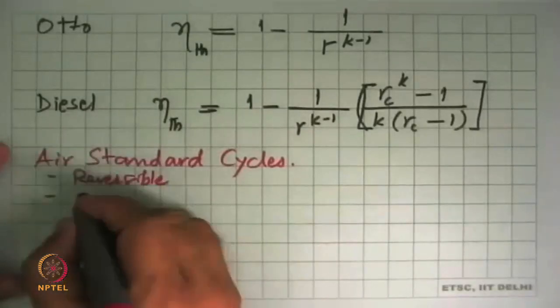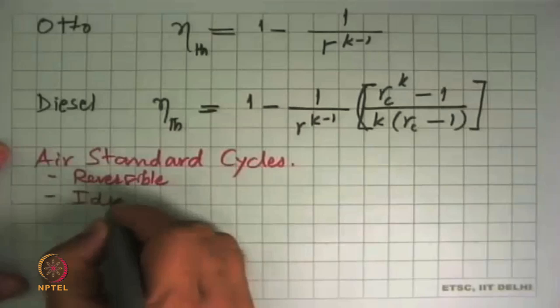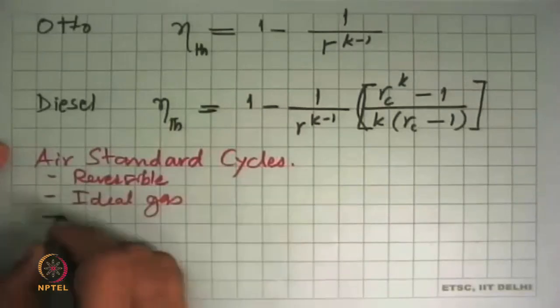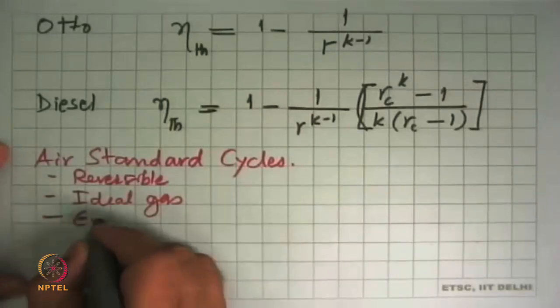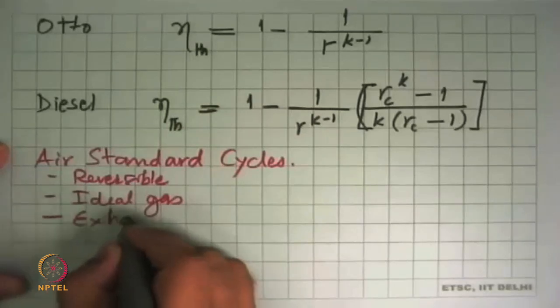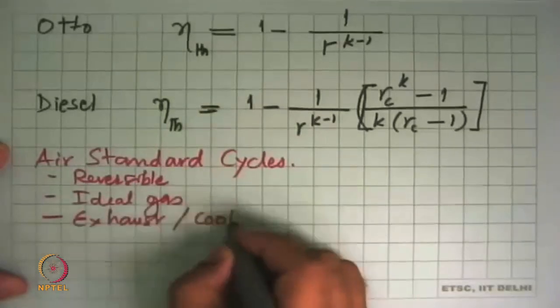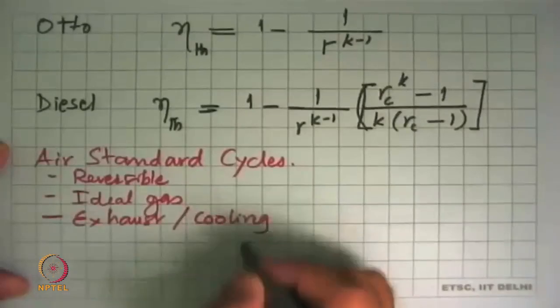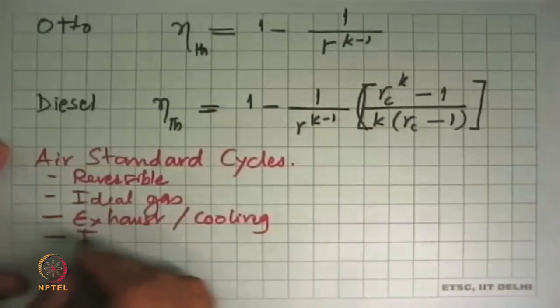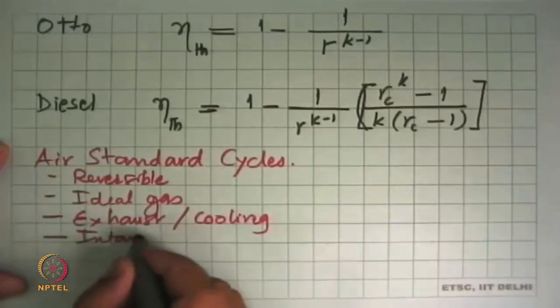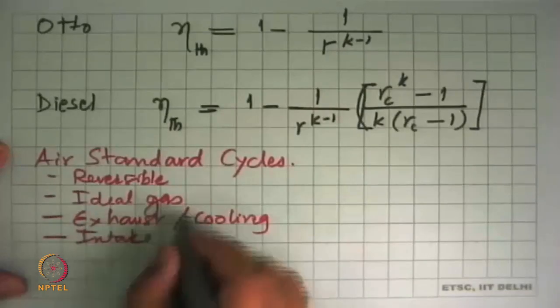And we said yesterday that the working substance behaves like an ideal gas. We made a differentiation between what happens at the exhaust versus the cooling process. The cooling process is replaced by exhaust and by the intake.